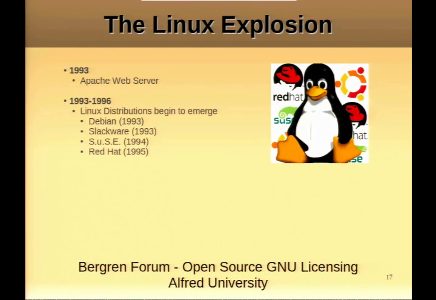They created Debian, Slackware, SUSE, Red Hat. You've probably heard of a lot of these. And by tweaking them and making them into the Linux that they wanted, they released them. And so these Linux distributions started to really roll out.